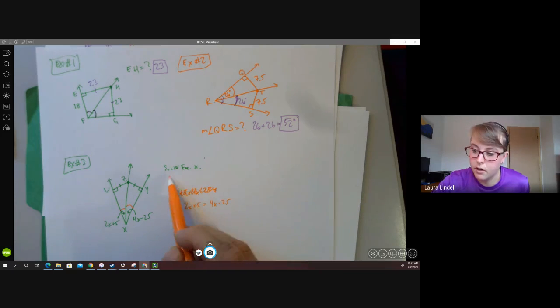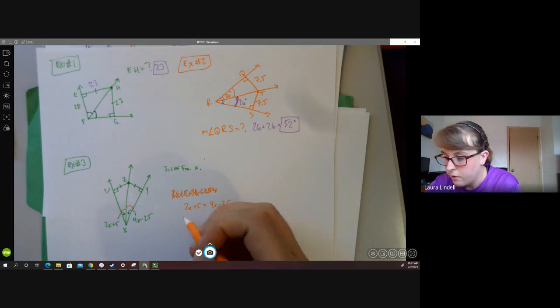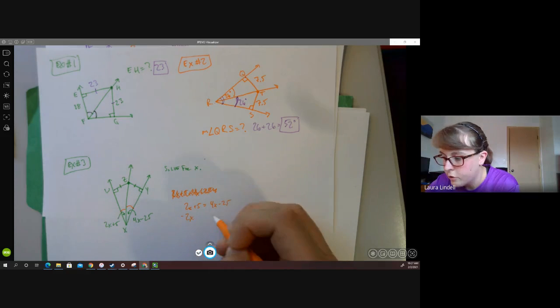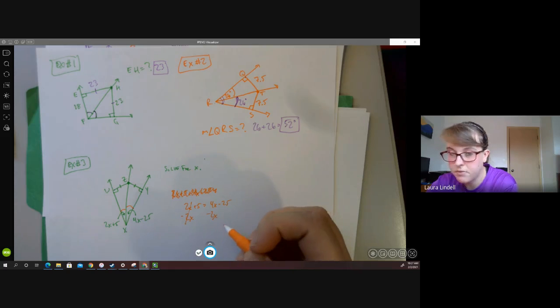Because on this one, all we were asked to do is solve for x. So again, make sure you pay attention to what you've been asked for, in case you need to go back and plug x back in. Okay. So here we go. Subtracting 2x from both sides is probably what I would do first. But you can do it whichever way you'd like.